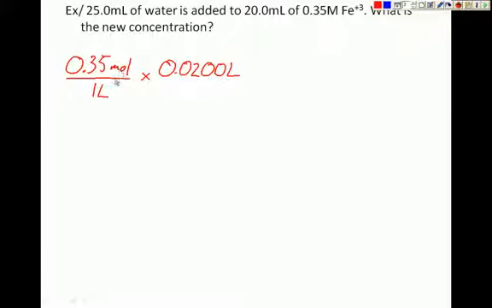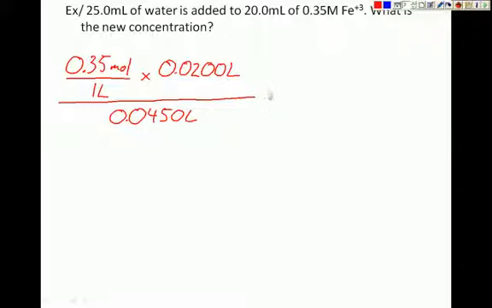Now, we want to know the new concentration, so we don't want to know moles, we want to know molarity. So we're going to divide this by the new volume. So the new volume is 20 milliliters plus 25 milliliters, which is 45 milliliters, or in other words, 0.0450 liters.